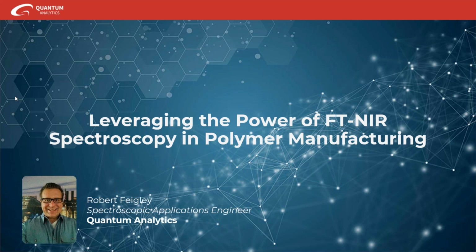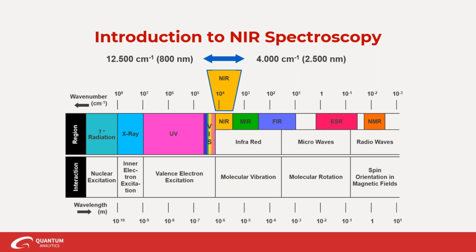So here's a graph of the electromagnetic spectrum. Near-infrared spectroscopy is based on molecular overtones and combination vibrations from about 800 nanometers to 2500 nanometers. You see the NIR on this graph, and I like this one because it shows the wavelength, which is measured in distance, and also the wave number, which is measured in frequency.